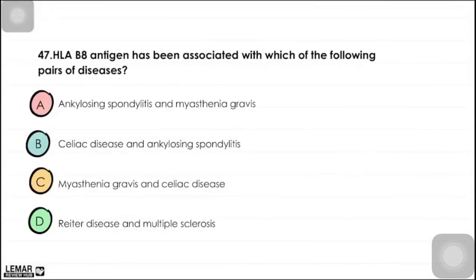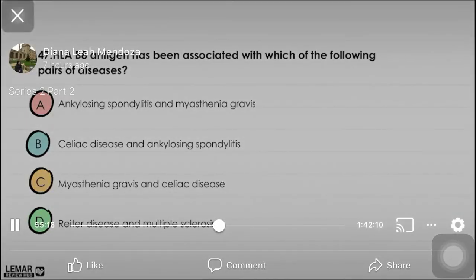Number 47. HLA-B8 antigen has been associated with which of the following pairs of diseases? Letter A, we have ankylosing spondylitis and myasthenia gravis. Letter B, we have celiac disease and ankylosing spondylitis.